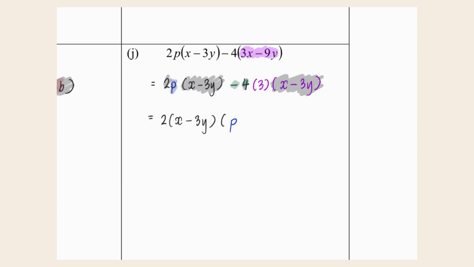Minus 4 is not 4 because I've extracted out 2, meaning I will have a 2 here, I still have 3 down there. And so final answer, it will be 2 times x minus 3y times p minus 2 times 3 is 6.